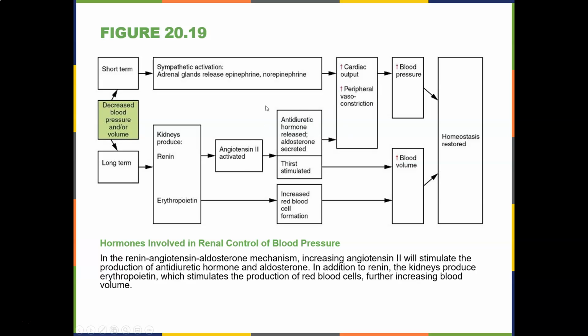So a lot of times, blood pressure medications can work this way. And then if you have EPO, which does increase red blood cell formation, then your blood volume increases and homeostasis is restored. So there's the short-term and the long-term way that your body will keep your blood pressure at bay. And medication along these lines can definitely help.